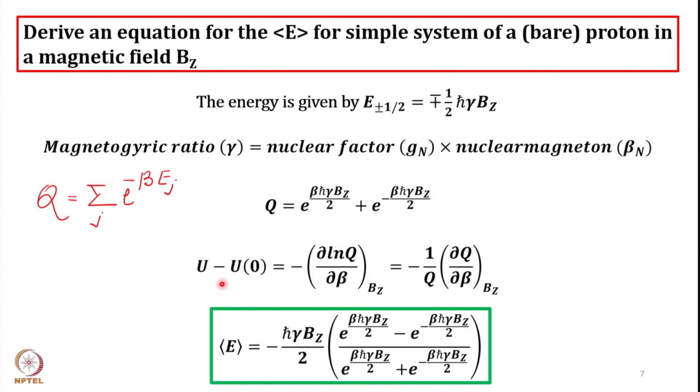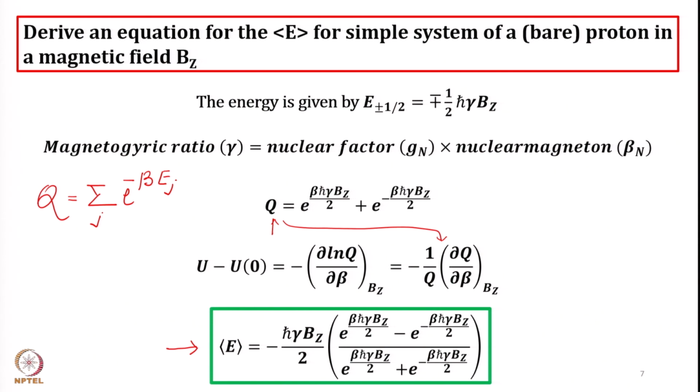The internal energy is given by U minus U0 is equal to minus del log Q by del beta at constant Bz, which is also equal to minus 1 by Q del Q by del beta at constant Bz. We have the expression for Q, so this Q can be used over here. Take the partial derivative of Q with respect to beta at constant Bz. You work out yourself, eventually you are going to get this expression.